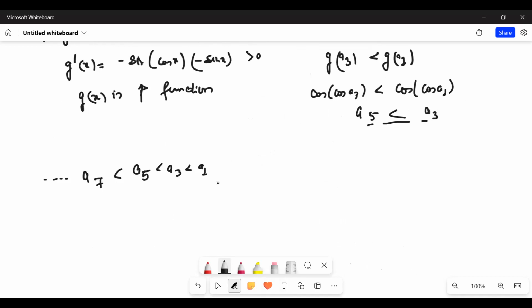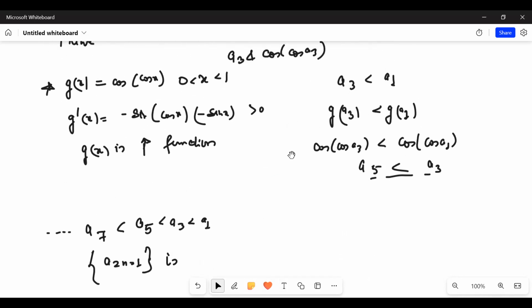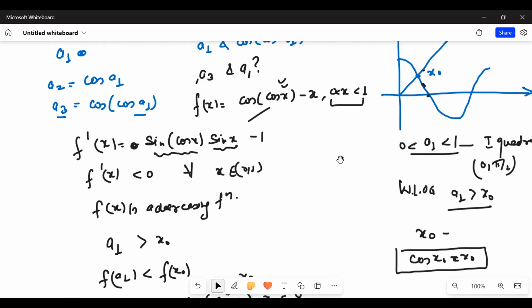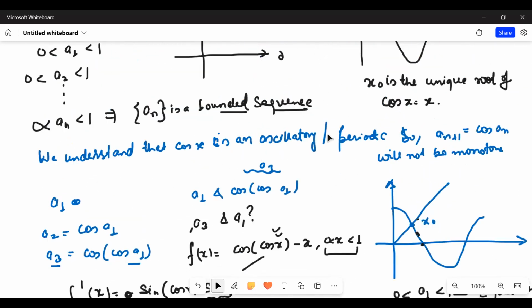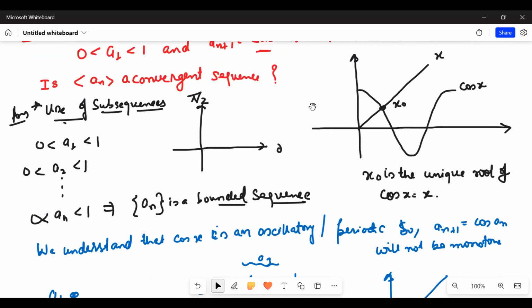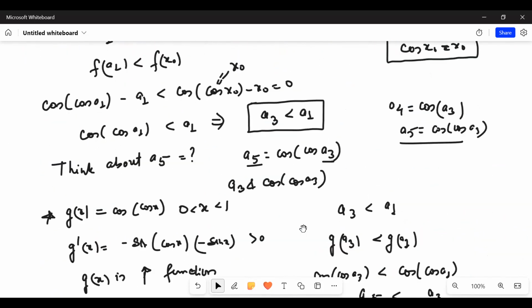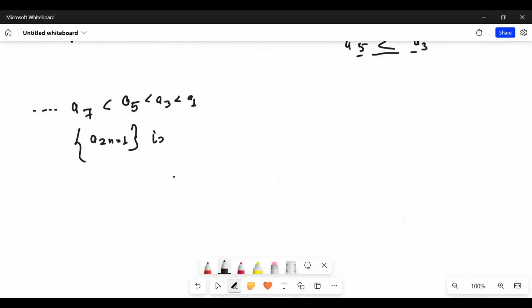Which implies that this particular odd subsequence, of a(n+1) equals cos of a(n), you can see from here, is a2n minus 1, a monotonically decreasing sequence.